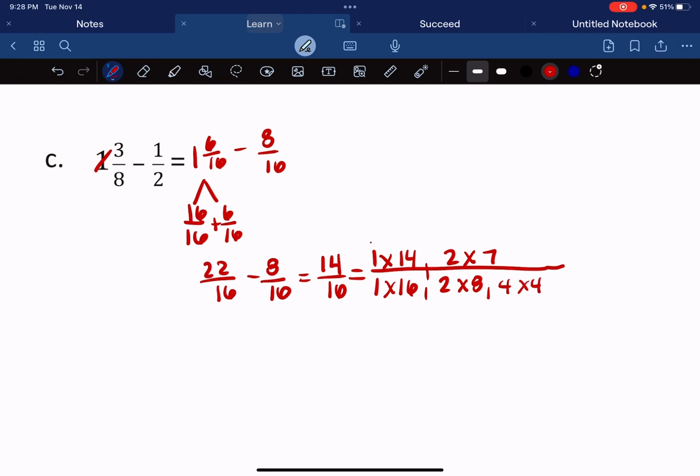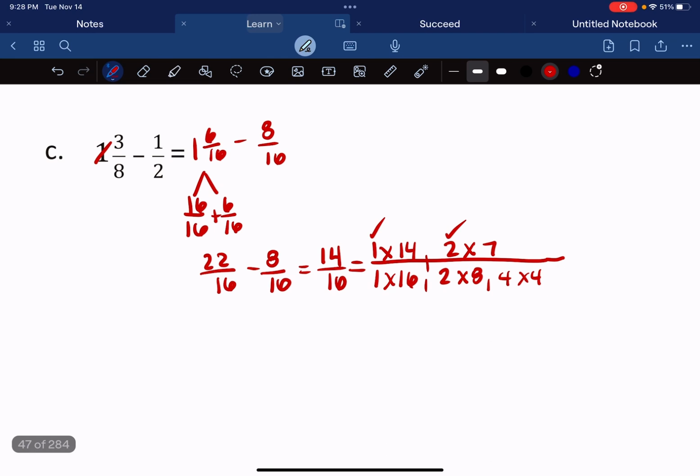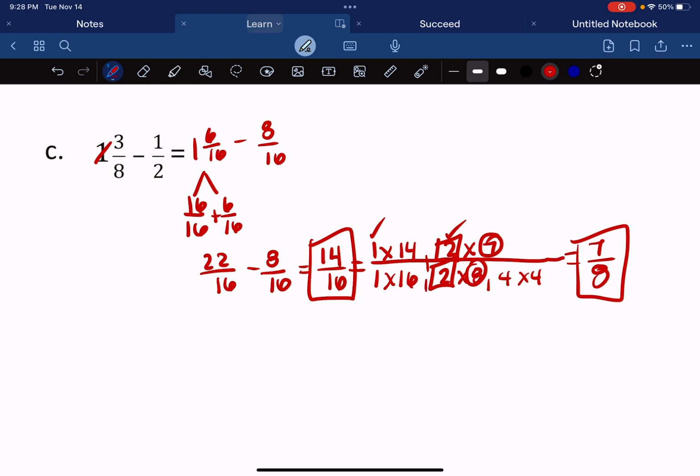I'll look here and see that they both have a 1. They both do not have a 14. They both have a 2. So I am going to take the biggest number out of what they both share, which is 2. That is my GCF. Box those in. Circle my partners, and my partners will be my answer for my simplification. So I've got 14 out of 16 and 7 out of 8.